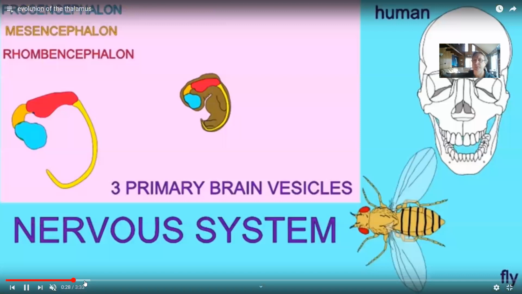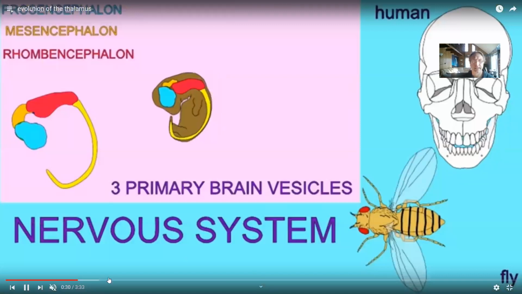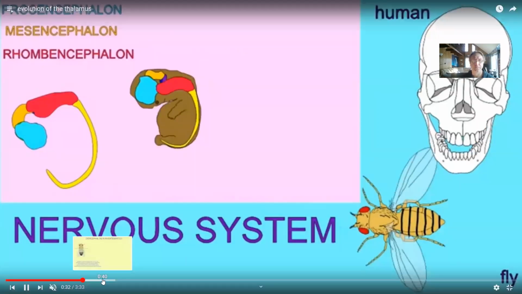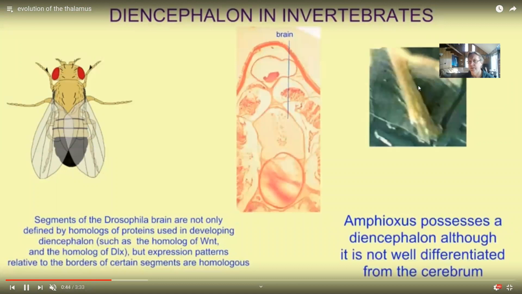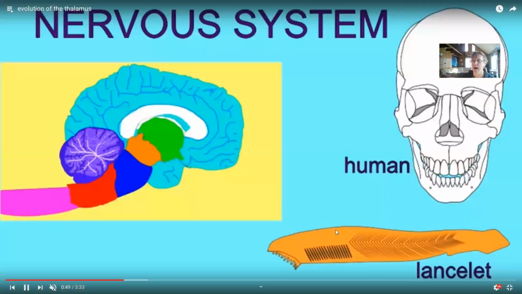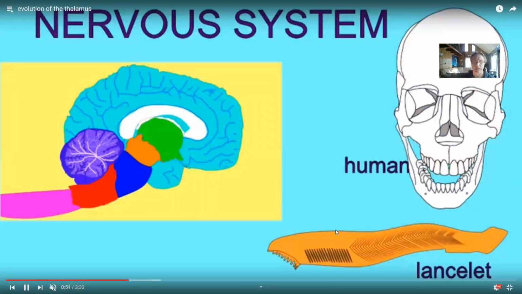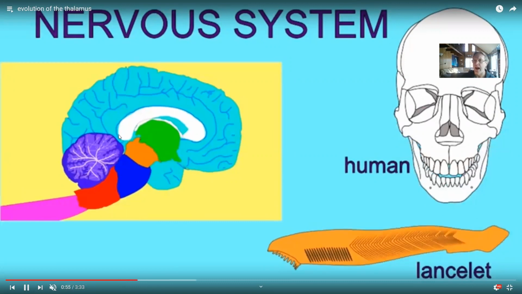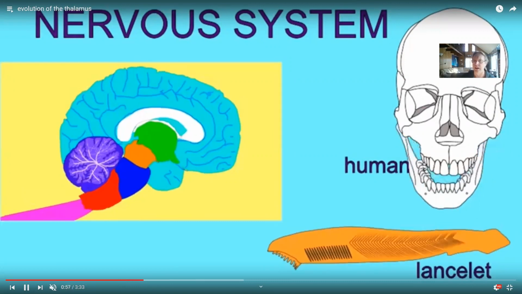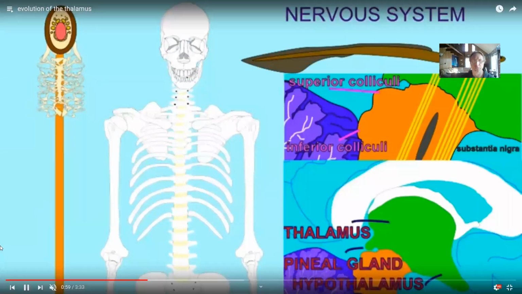And we can actually find some of them in the brain of, say, a fly. And certainly the brain of chordates has this. So here's the brain of a lancelet, here out of the lancelet's body or there. And so the diencephalon seems to even predate vertebrates. And in this diencephalon would be the thalamus as the primary region.